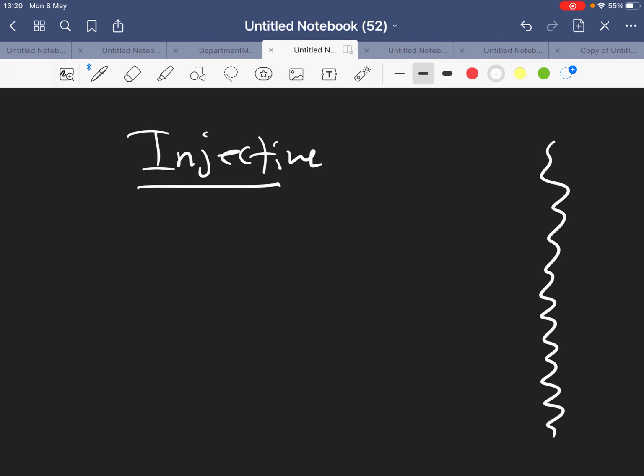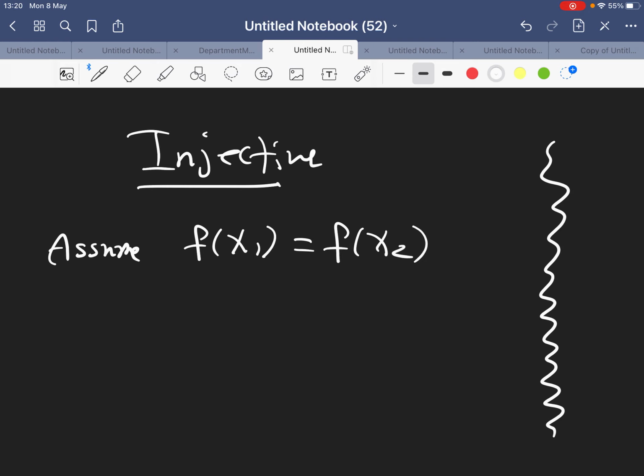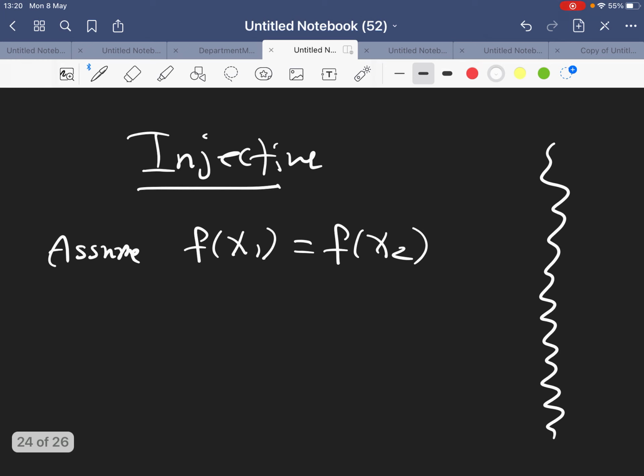How do I prove that a function is injective? I will assume f of x1 equals f of x2. What I will do next is a very clever idea. I will apply g to both sides. So I will write g of this, g of this. Let's see what will happen if we do this.